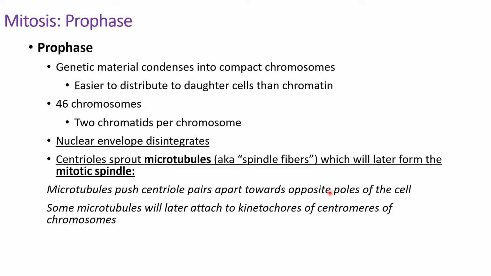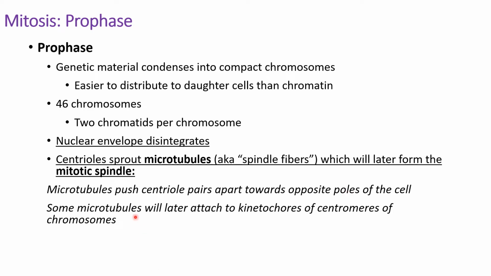We can call these opposite poles of the cell. So microtubules are pushing centrioles further and further apart from each other, so that eventually the centrioles will end up on opposite poles of the cell.